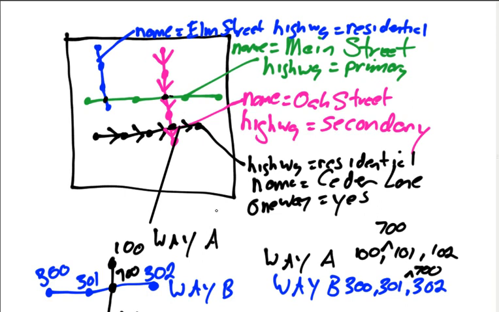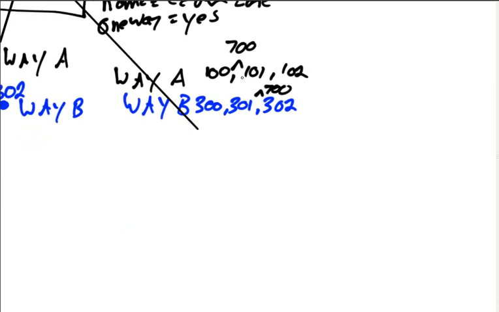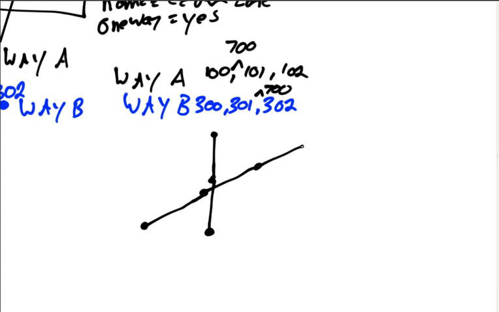The last thing I do want to mention, though, and let's move back down here to a new area, is you will sometimes see nodes or ways that look like this. And so you can see here we actually have two nodes. They're close together, but they don't actually meet at the intersection point.